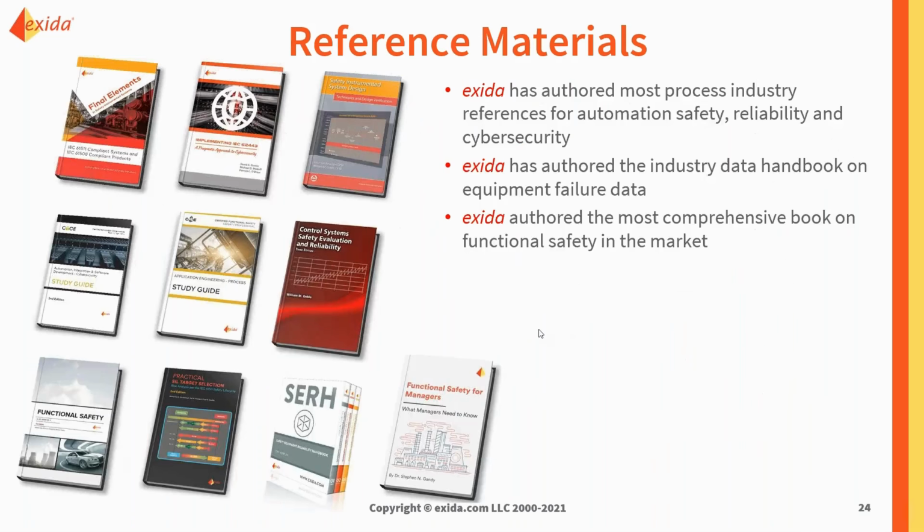Reference materials, there's a lot of free information on the website. These webinars are also readily available as YouTube videos. This will be also put on the website afterwards as a YouTube video, and you can access those at your leisure. They're free. There's the SAEL, which is the Safe Automation Equipment List. So if you're looking for certified devices, that's the best place to go.